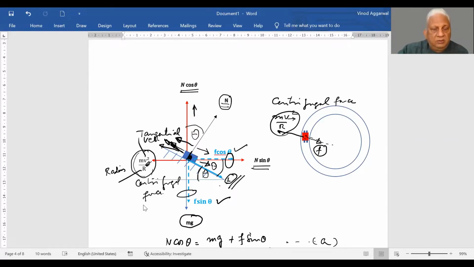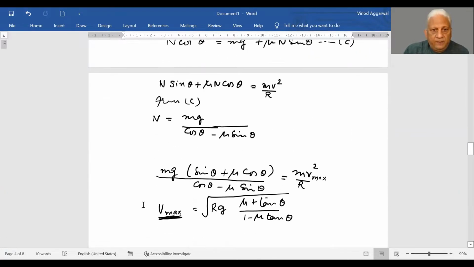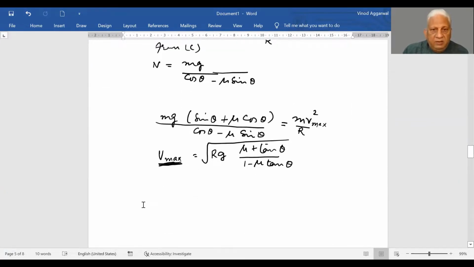In the opposite direction. Now, if we do the treatment of all these equations, everything will remain the same since only the direction of friction was changed. If we change the sign of mu, we will get the answer for our minimum velocity, which will have minus mu.